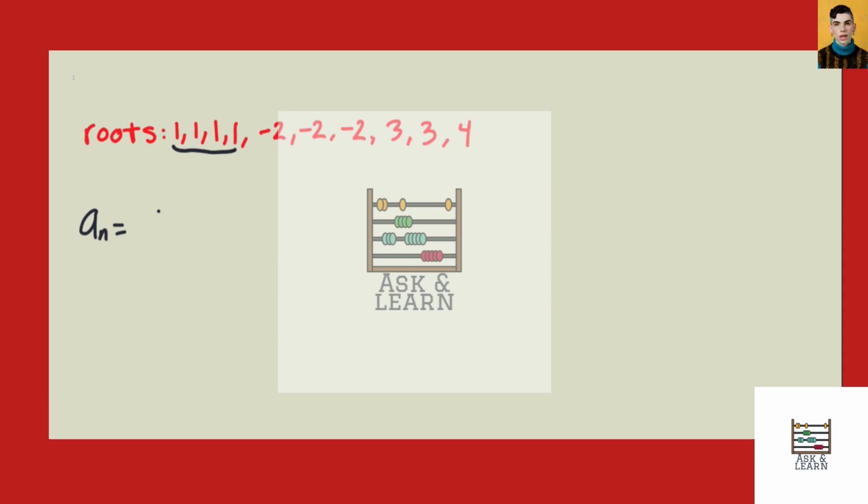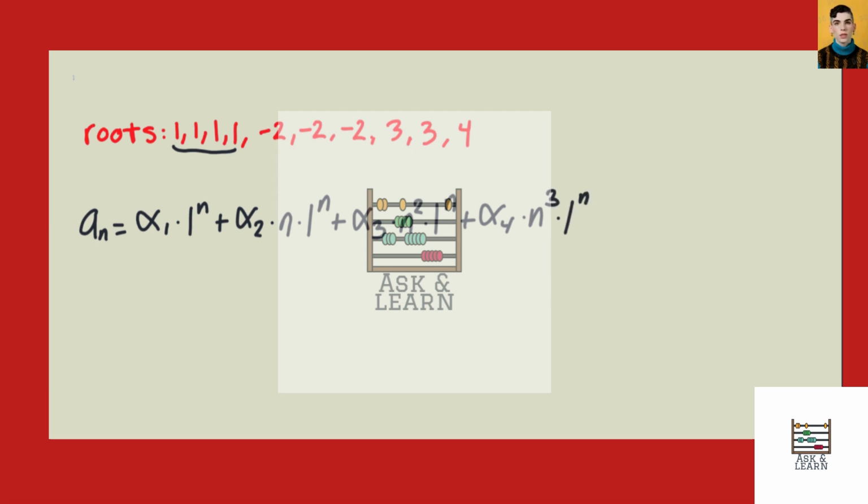So it's going to be alpha 1 times 1 to the power of n plus alpha 2 times, this time because of the multiplicity we'll have an n, times 1 to the n, plus alpha 3 times n squared, again because of the multiplicity, times 1 to the n, plus alpha 4 times n cubed times 1 to the n.